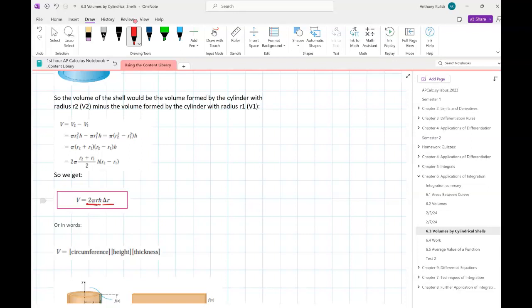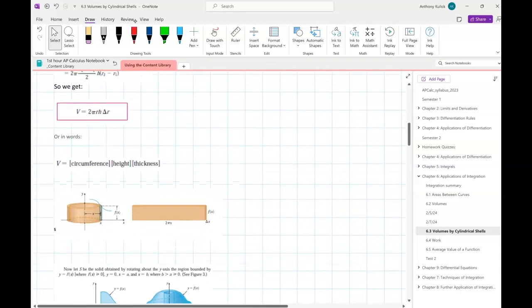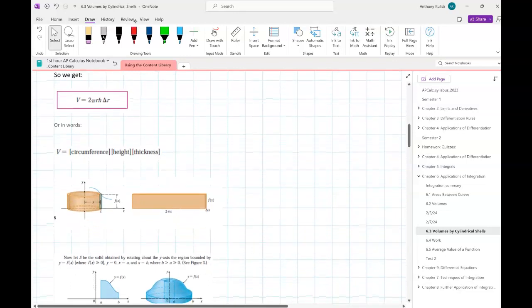Okay? So it's the circumference of our shell times the height of our shell times the thickness, how thick that shell is, right? So like the delta R is our thickness. Okay.